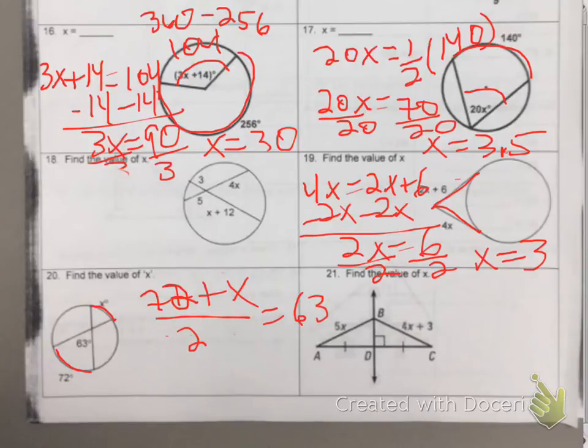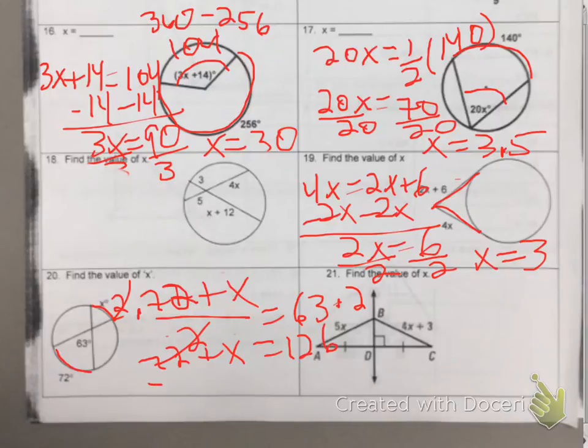Okay? And so when you do this, you're going to use your reciprocal rule. So I'm going to multiply both sides by 2, that gets rid of the 2 on the bottom, so that gives me 72 plus x equals 63 times 2, which is 126.